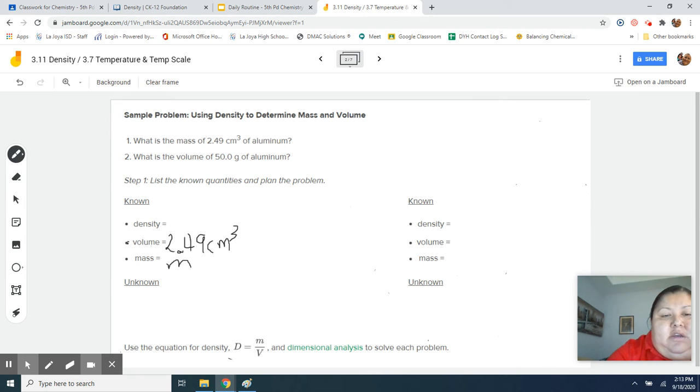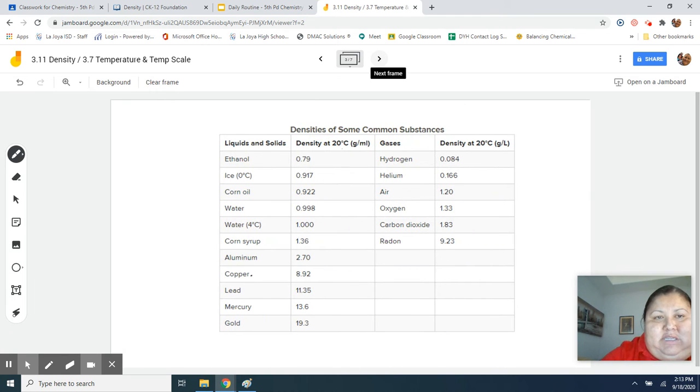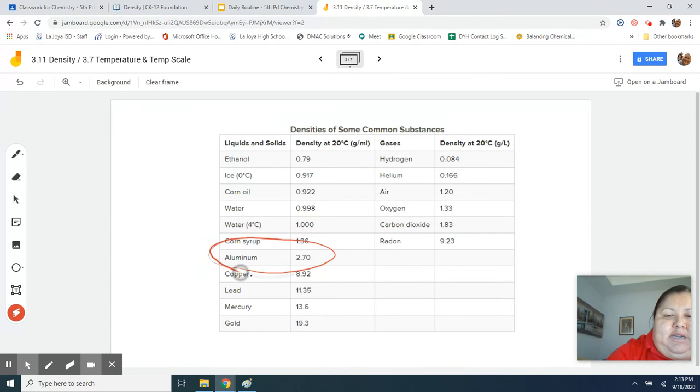Here, they don't provide it to you, so they'll probably give you a table like they did in the reading. And remember the table that we looked at earlier? This is the same table. As you can see, aluminum is listed right here. It has a 2.70 gram per milliliter density. So we're going to go back and use that density for aluminum.